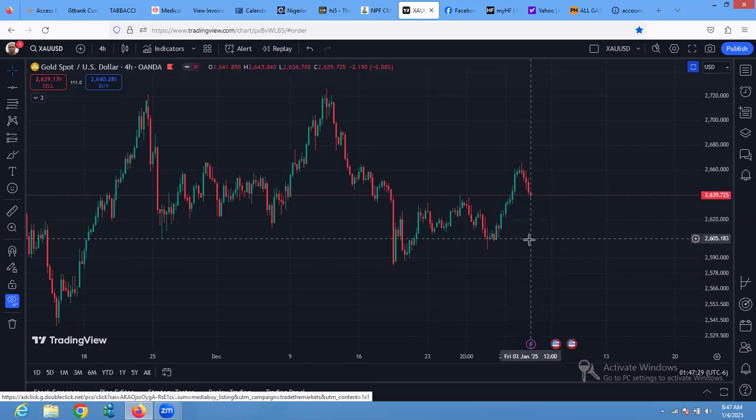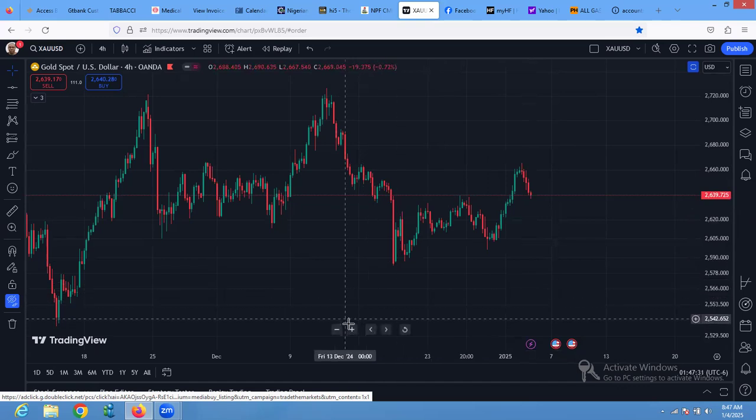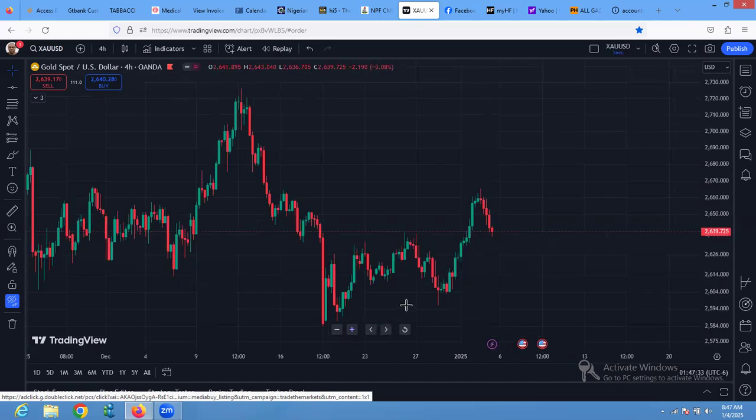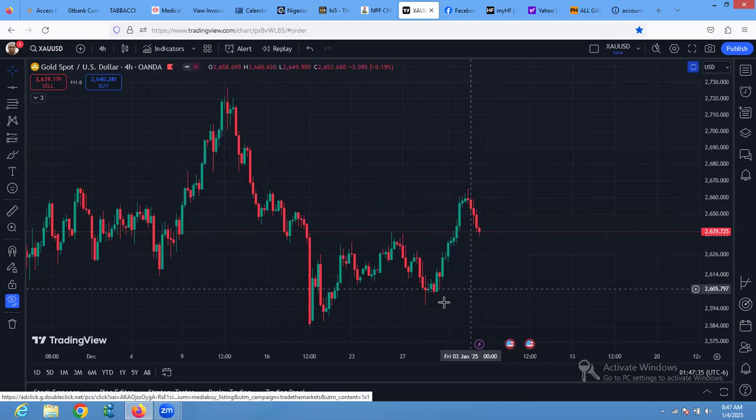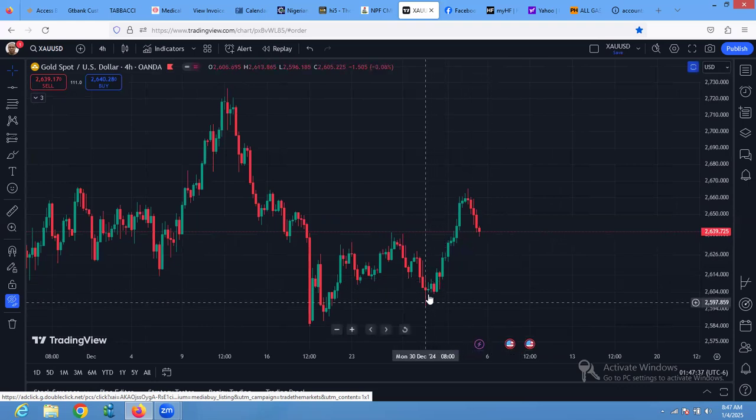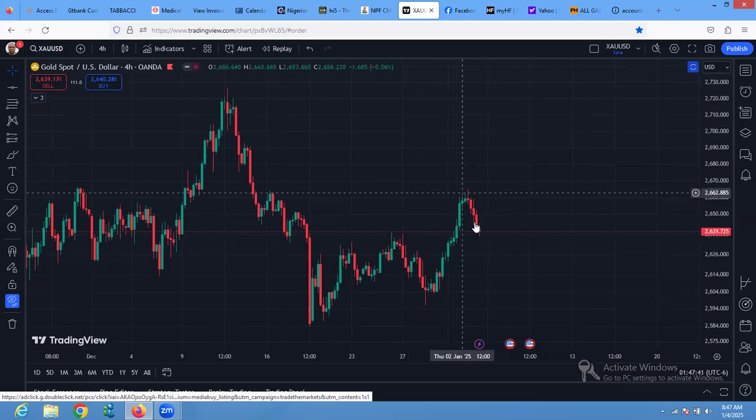The other thing you may want to think is this, and this is the way we are going to approach this trade. We may think that this is a wave 1 here, a wave 2 here, and a wave 3 and a wave 4. If this is a wave 4, this is way too big for a wave 4.